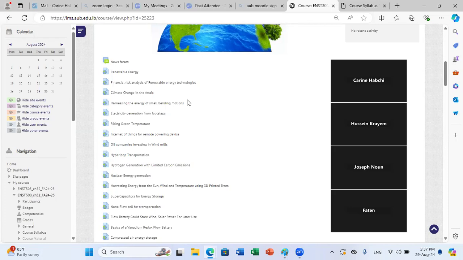So we'll see together that the first part will give you a small introduction to the theory of energy, how we can go from one form to the other, how we can use, let's say, cycles and systems to transform energy and to use it in an effective way, how to enhance efficiency of systems, etc. Another important topic also include oil companies investing in windmills.